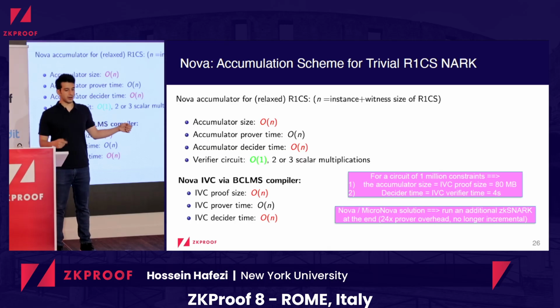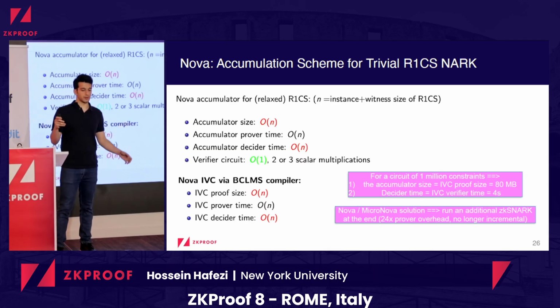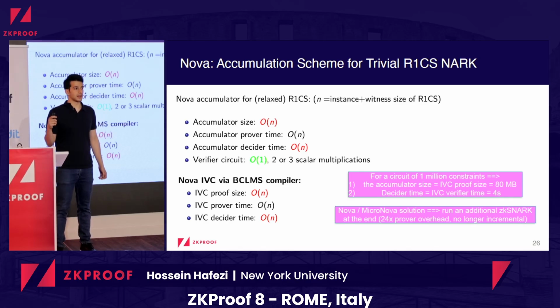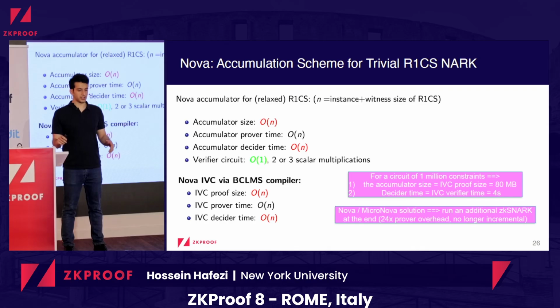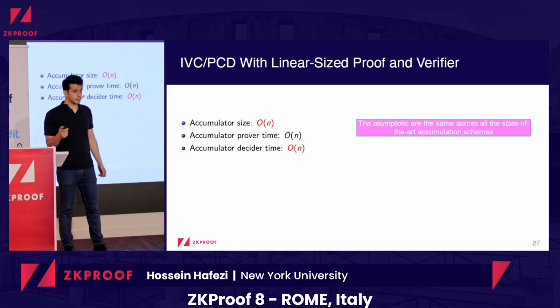Earlier Nova and recently MicroNova proposed a solution for it. At a high level, you run an additional ZK SNARK at the last step of IVC. However, this additional layer of ZK SNARK has a 24x prover overhead. I think that part is all right, but the part which is not all right is that it's no longer incremental, so it's not really useful for PCD.